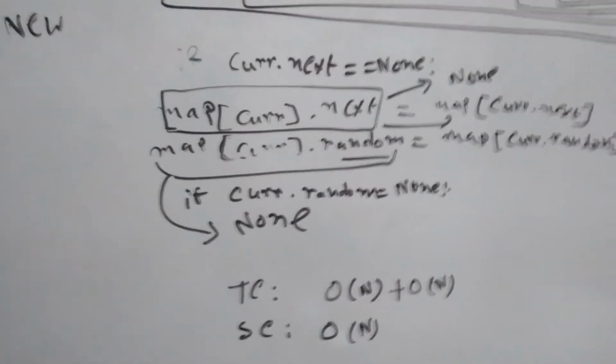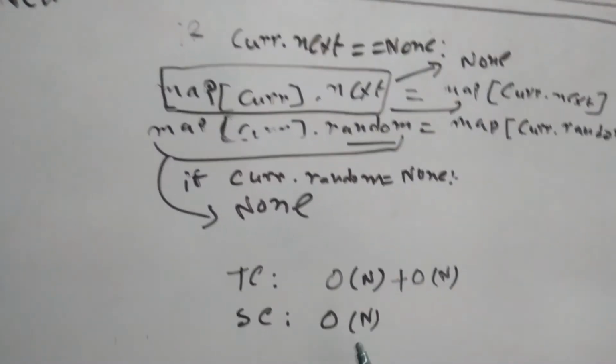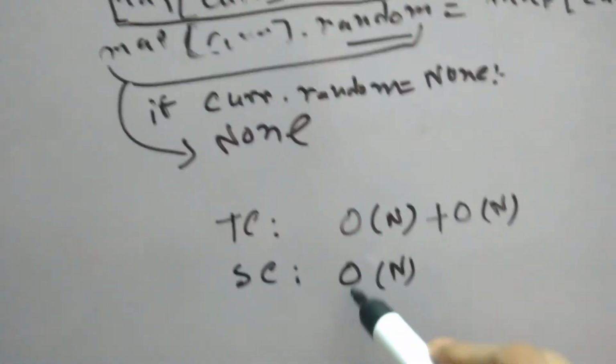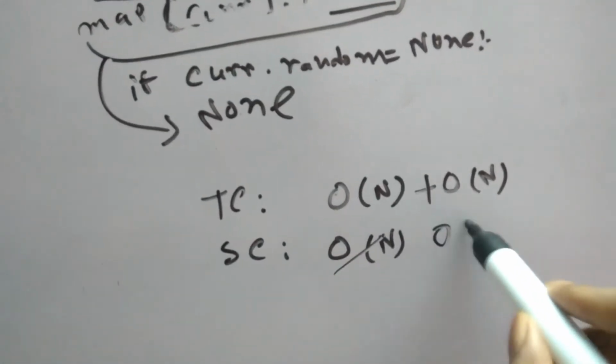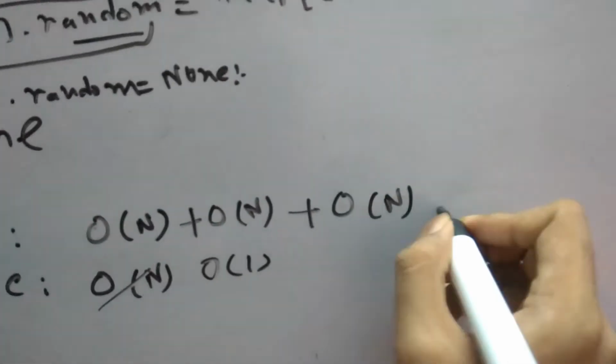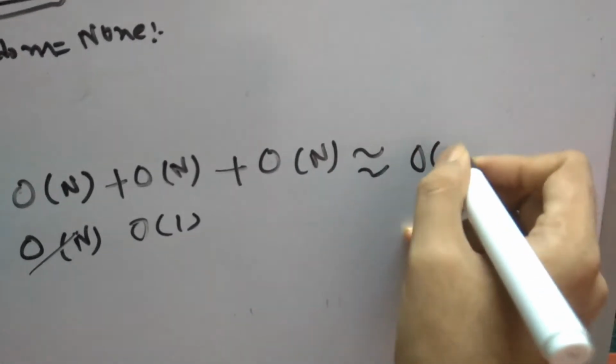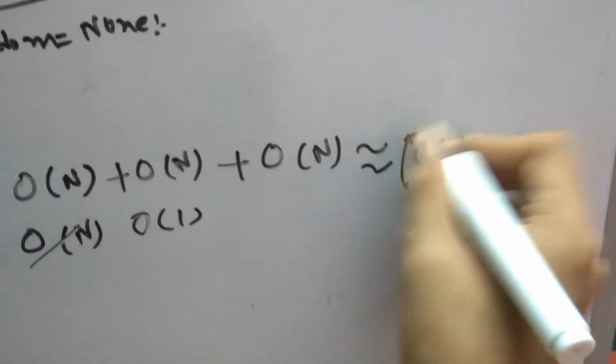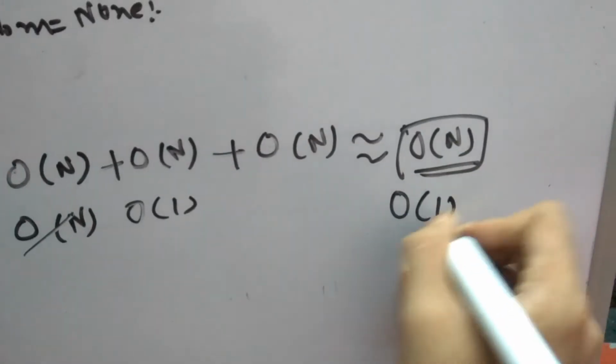So we can actually do better than this approach, reducing the space complexity to constant space. We will not be using this map, but instead we will be doing one extra pass. So the time complexity will, in general, be worst case order of n, and space complexity will be order of 1.